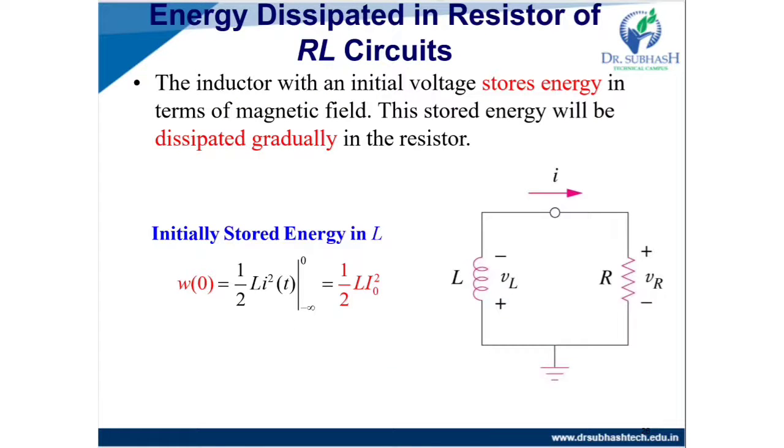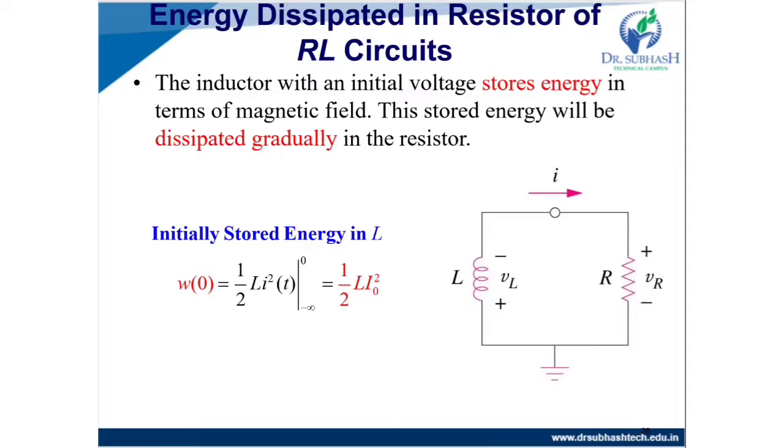Now the energy dissipated in the resistor of the RL circuit is whatever is stored in the inductor. The inductor with an initial current stores energy in the form of a magnetic field. In a capacitor, it is in the electrostatic field; in an inductor, it is in the magnetic field.